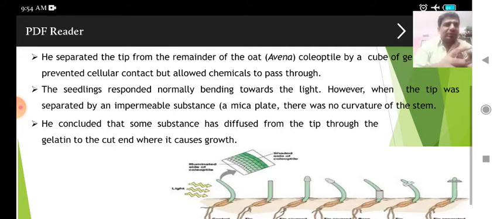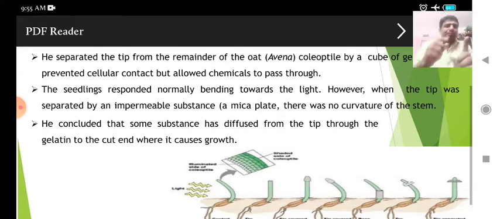See, this is the coleoptile, and in this coleoptile, in between the cells of the apex and base, a gelatinous component has been put, and that gelatinous substance has no cellular contact, only the chemicals pass through it. When the substance is impermeable, there is no curvature.